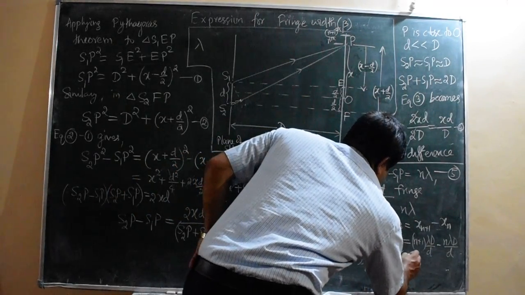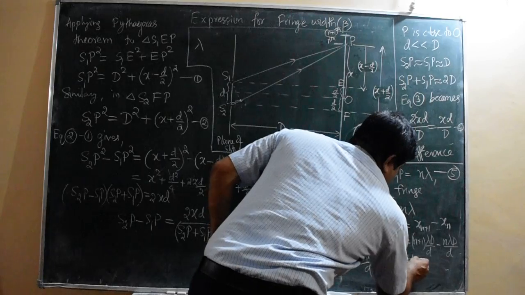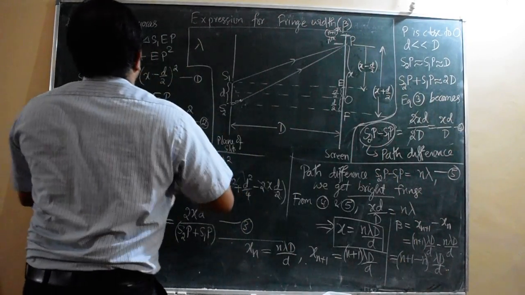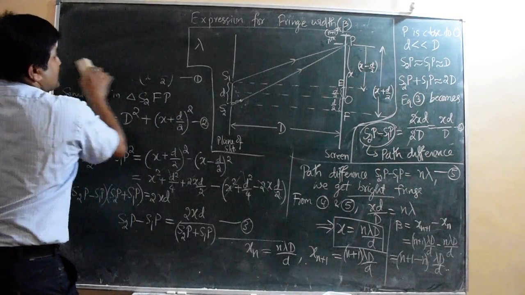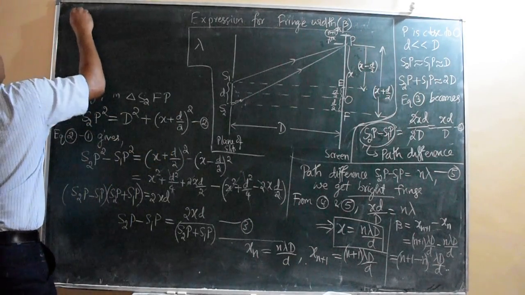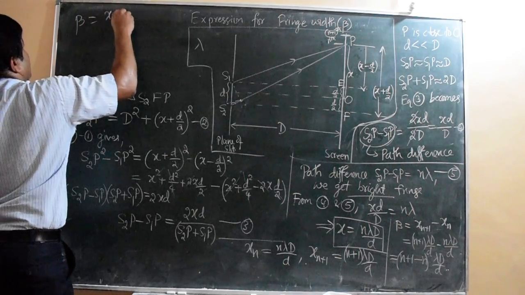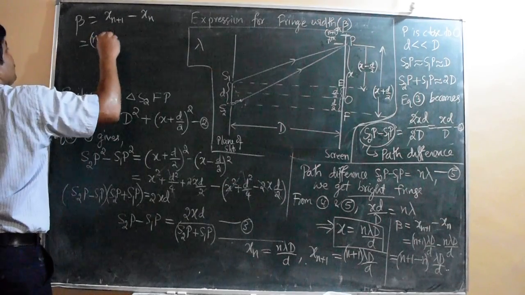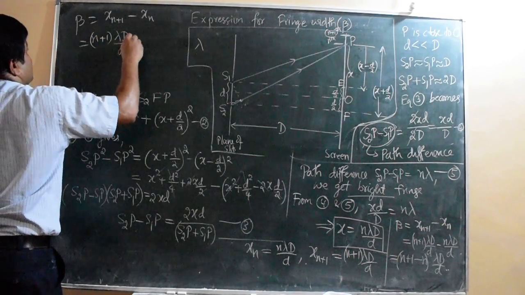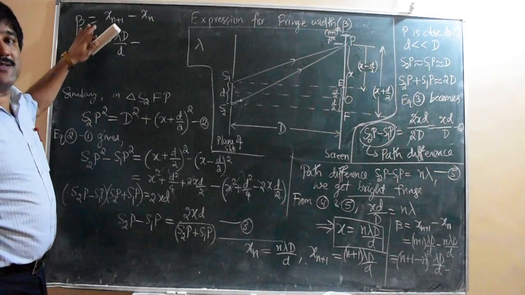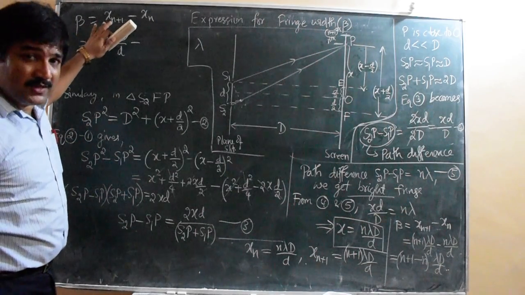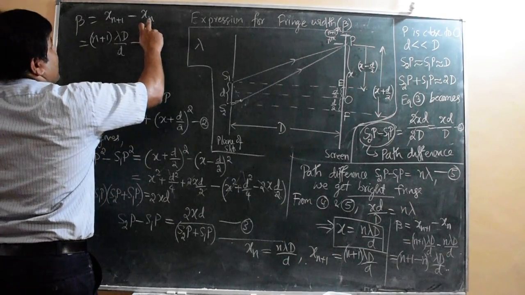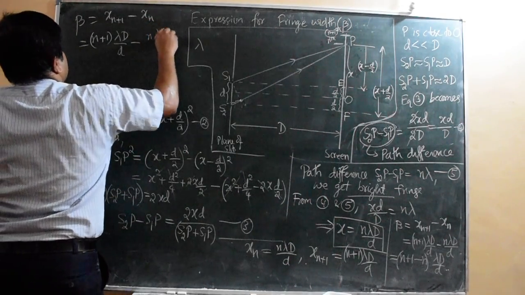I write at the top that I will repeat: fringe width beta equals xn plus 1 minus xn. xn plus 1 means the distance of the n plus 1 bright fringe from the center of the screen, minus xn, the distance of the n bright fringe.